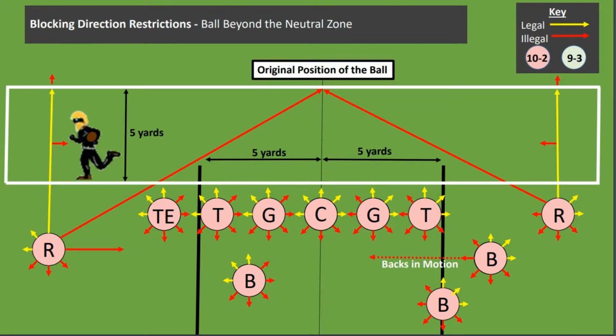The offensive players cannot block back towards their own goal line, and all players are now restricted to the 10-2 blocking on the clock face. Offensive players may only block 5 yards in advance of the previous neutral zone. And again, only the center has the option of blocking either the left or the right of the original position of the ball.